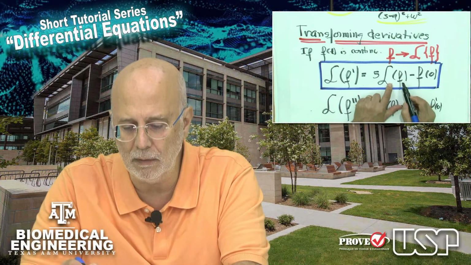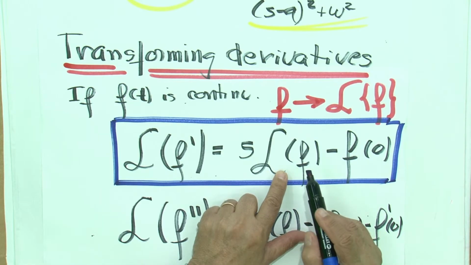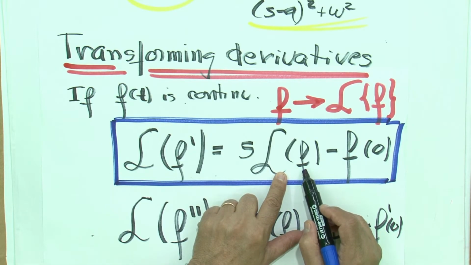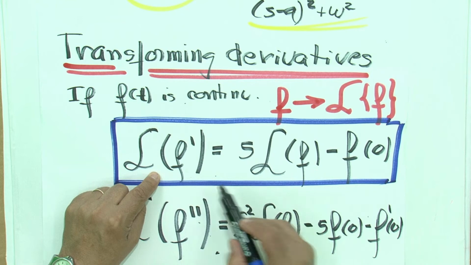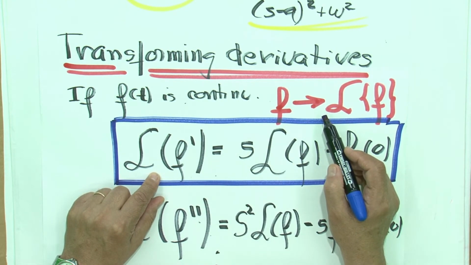So if we know the Laplace transform of the function, we can get the Laplace transform of its first derivative.